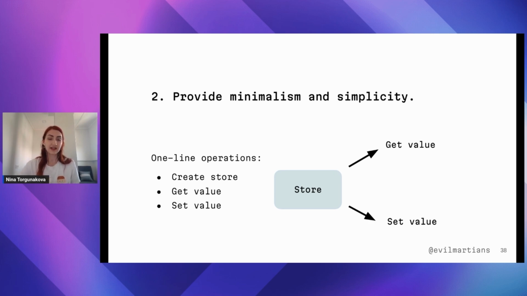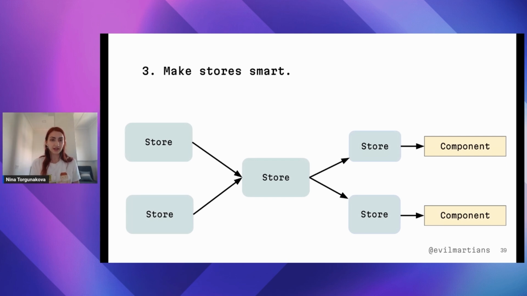And for cases when some data depends on other data, we can make stores smart. So not only components can subscribe to the store's changes, but stores can subscribe to other stores' changes too.